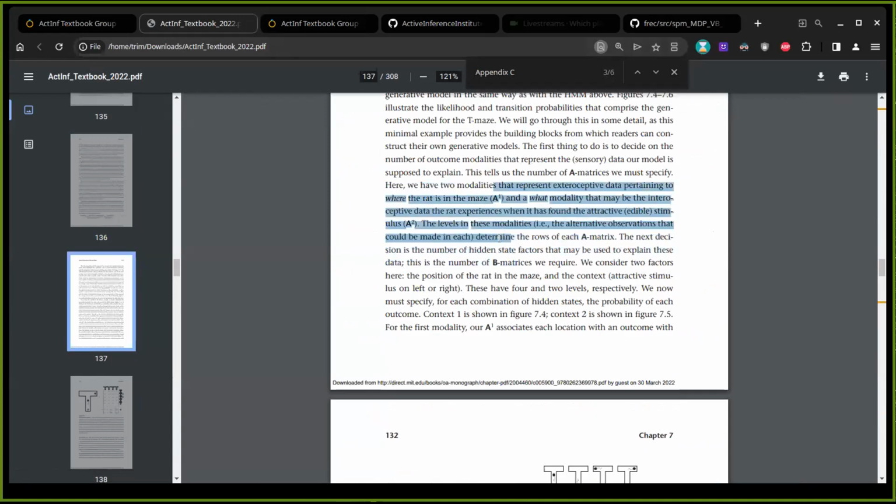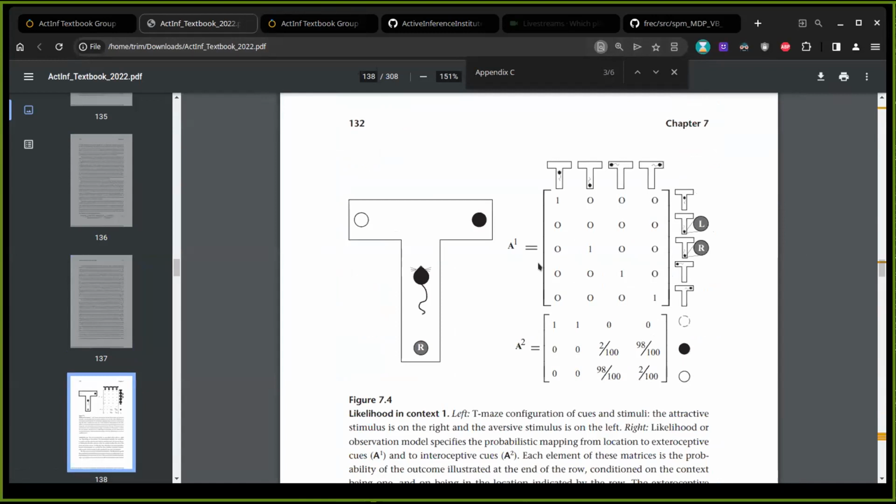We just described the A1 and A2 matrices. Columns are locations. In the A1 matrix, these are cues of locations. And then in the A2 matrix, these are what is at the location.